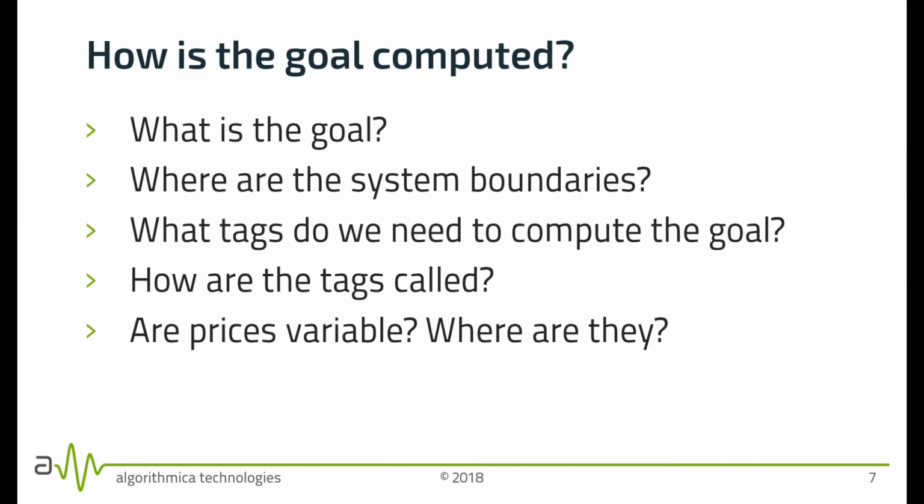So in order to get closer to it, we ask ourselves the following questions. What is the goal? For example, financial profitability. Where are the system boundaries? So what are the costs and the revenues that I'm willing to consider?